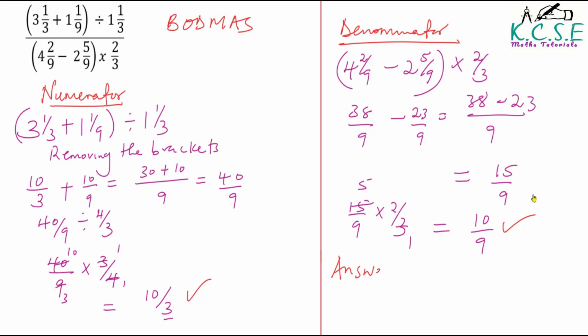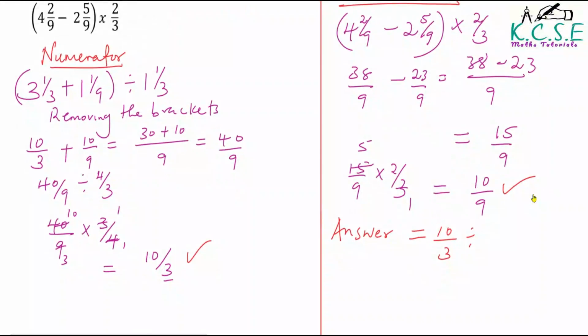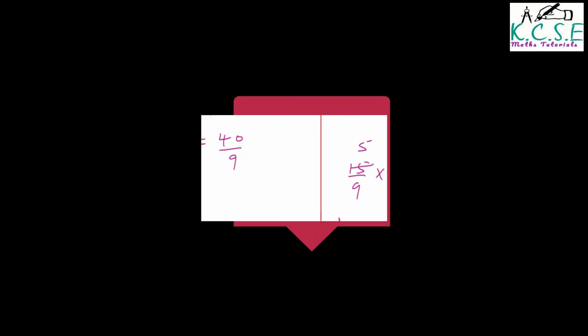Now we can go and get the final answer. The numerator, which is 10 over 3, divided by the denominator, which is 10 over 9, which gives 10 over 3 multiplied by 9 over 10. And when you work out these, it will give 3 as the solution.